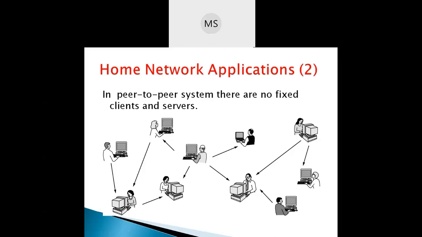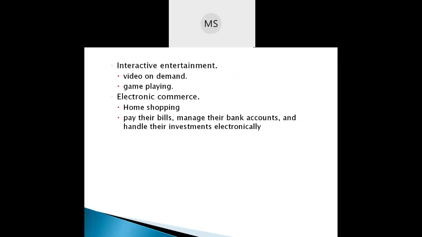In a peer-to-peer system, this particular person can communicate with this person in two different ways. So in peer-to-peer systems there are no fixed client-server models. Through peer-to-peer systems we can have interactive entertainment through videos on demand and game playing.